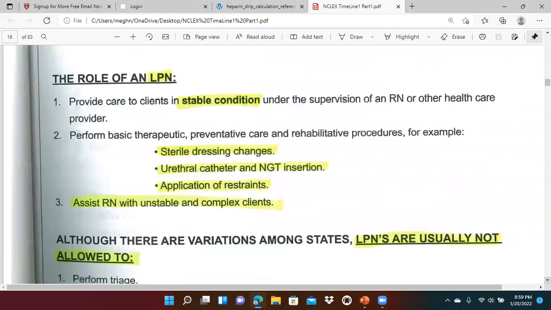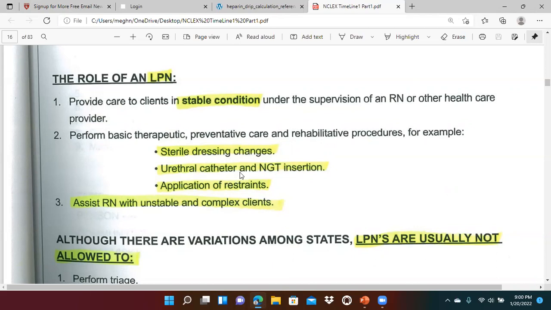So what is the role of the LPN? The LPN provides care for the client in stable condition. Who is stable? The patient whose vital signs do not fluctuate, right? The LPN can work under the supervision of the RN and other healthcare providers, performing basic therapeutic or preventative care and rehabilitative procedures.